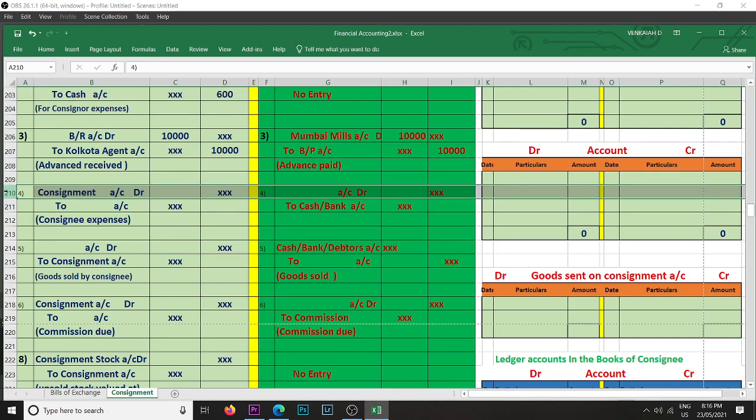No? That's why we are inserting. Entry is bank account debit, discount account debit, to bills receivable account.